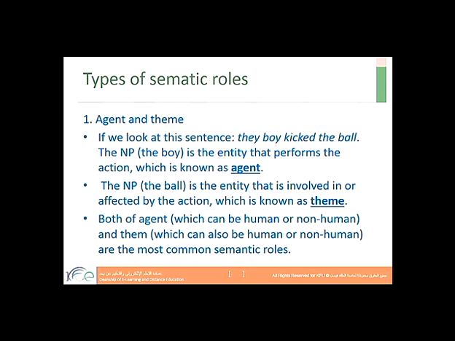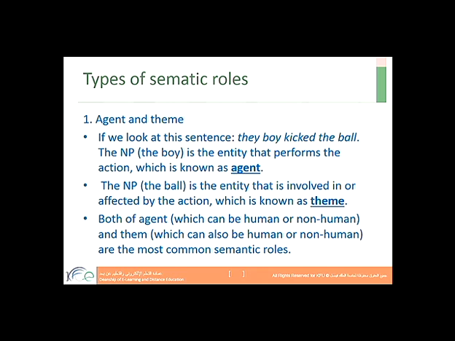Let me say it again. Agent refers to the entity that performs the action. It describes the entity, the person who does the action. Whereas the theme refers to the entity that is involved in or affected by the action. It's like the topic, and the agent looks like the doer, the person or the thing that performs the action.